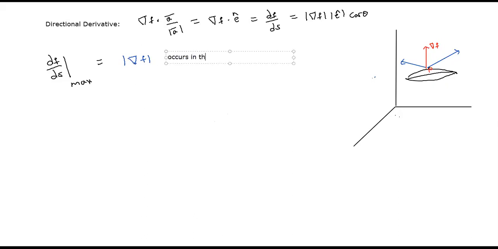It occurs in the direction of grad f, or in the direction of the outward normal vector to the level surface f of xyz equal to c.